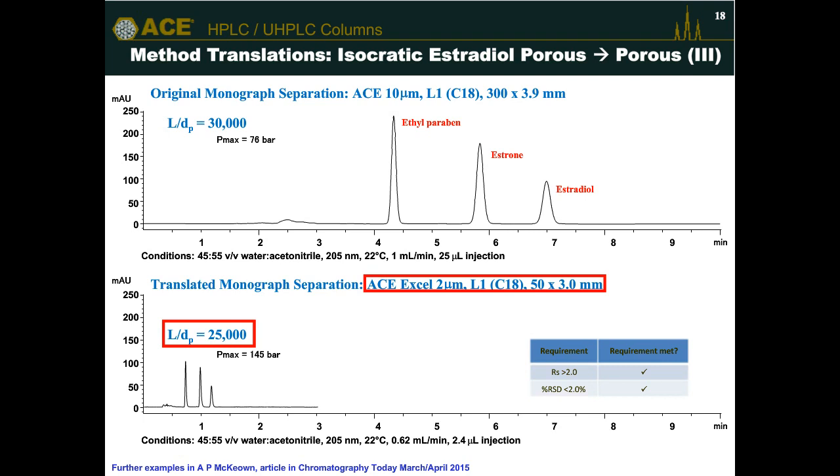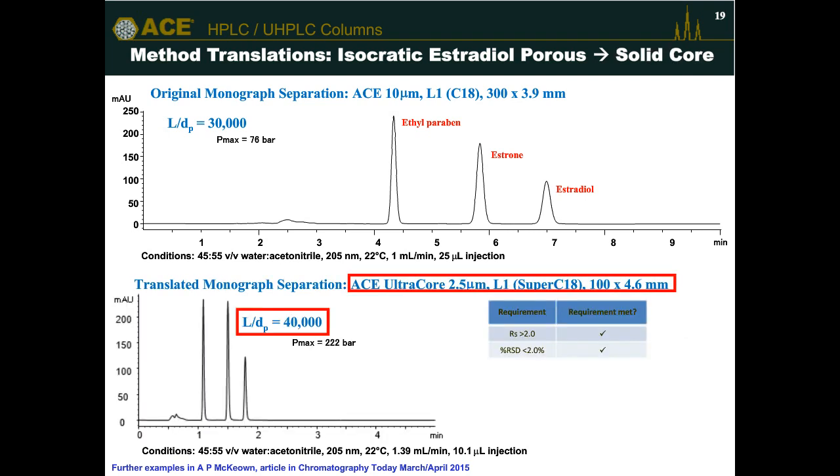If we look at something with a higher length to particle size ratio, you see here we have 40,000. So we've gone for a longer column, 100 millimeter length with 2.5 micron particle size. And this ultra core format, this is the superficially porous kind of fused core format. And here you can see again, my run time is below 2 minutes, but I've got taller peaks, I've got more efficient peaks.